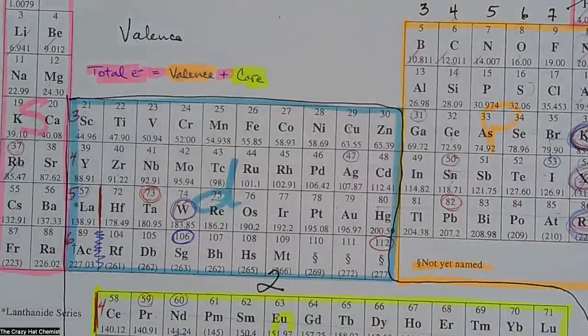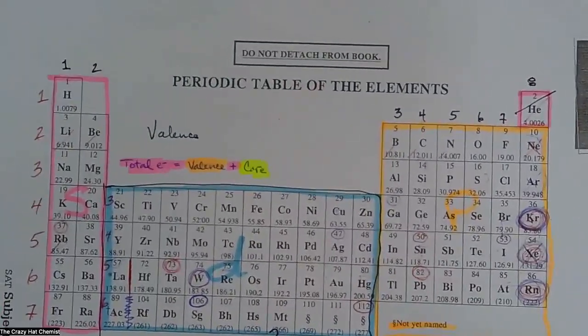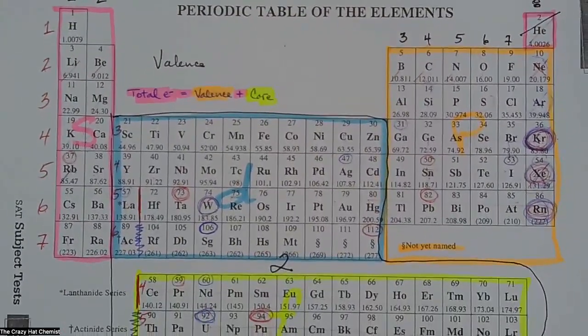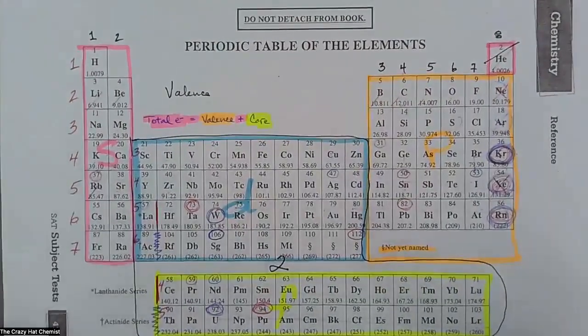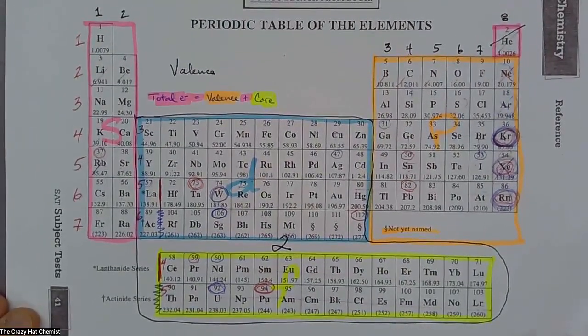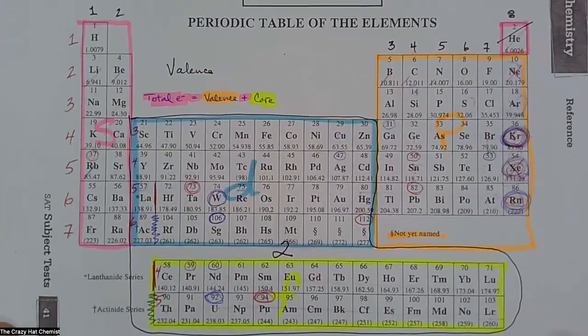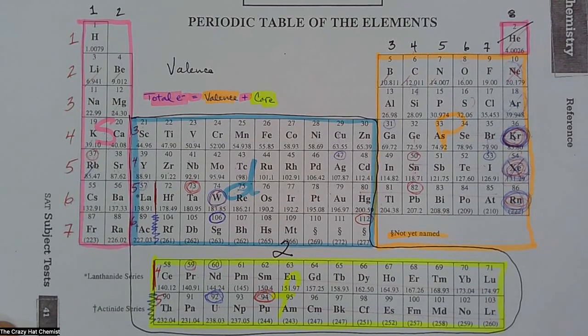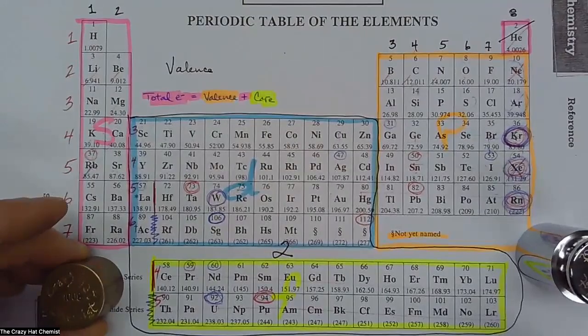So, while I have this periodic table right here, let's see if I can zoom on out. All right. So I've got this periodic table right here. And right now we are looking at just the electron configuration and figuring out what that element is.